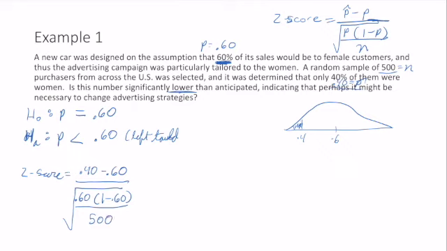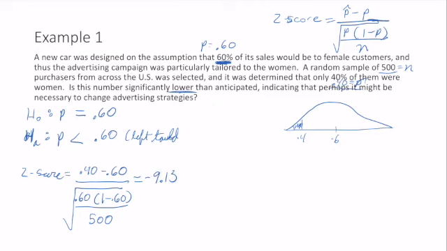So this is how I'm going to calculate my z-score. Be really careful when you're putting this into your calculator that you are following PEMDAS rules. Remember, you are smarter than your calculator. So I have a z-score of negative 9.13.